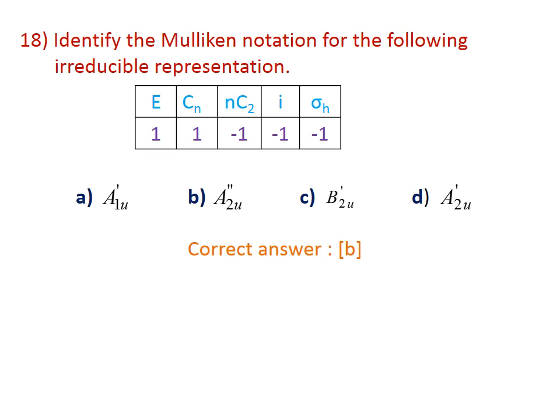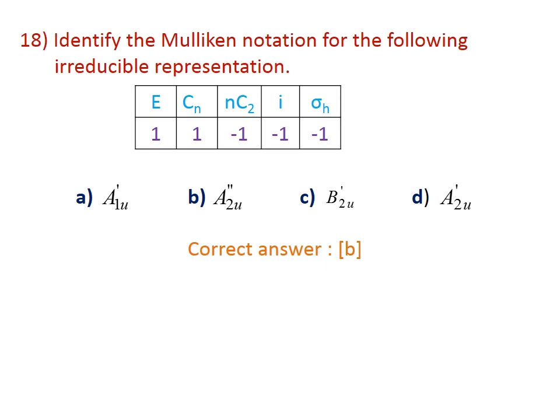You can neglect B. The second step is to find out the symmetry or asymmetry of C2. Here C2 is minus 1, and it will become A2. Right? The answer A is wrong. Now you consider the inversion, i, whose character is minus 1, so the symbol is u.